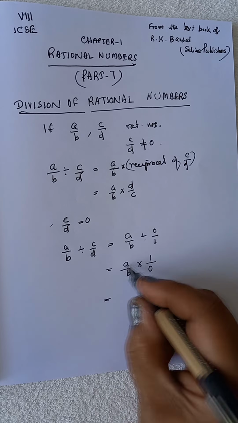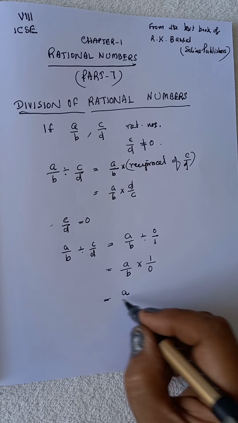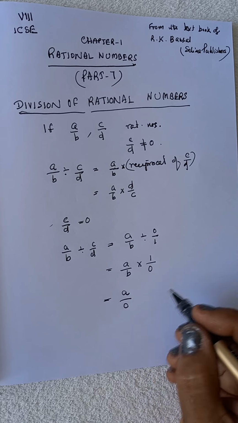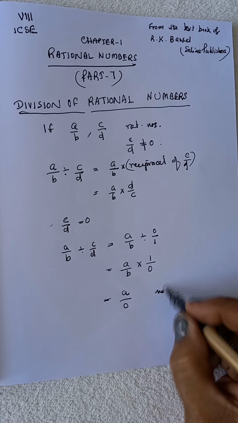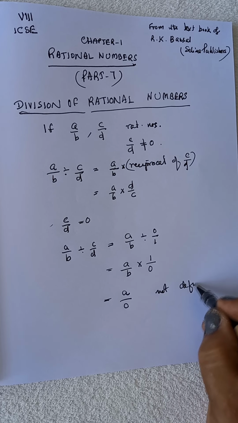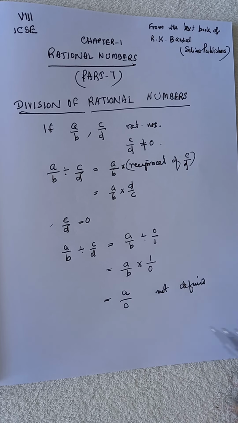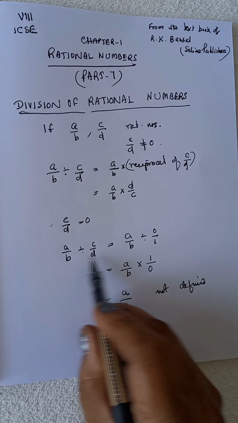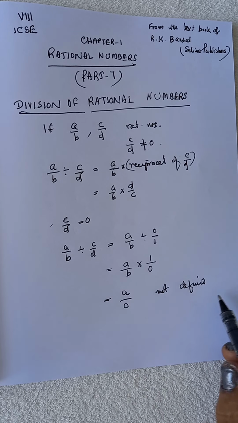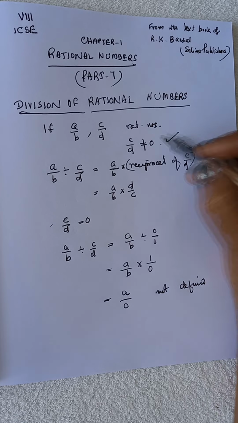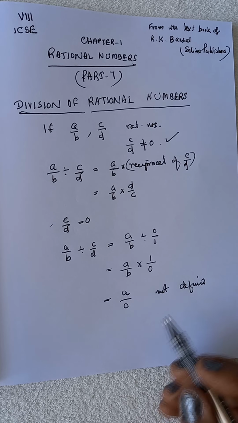Now that is equal to A into 1 is A, B into 0 is 0, 0 into any number is 0. So A by 0 is not defined, division by 0 is not defined. So A by B divided by C by D is not defined if C by D is 0. That is why we are taking C by D not equal to 0.